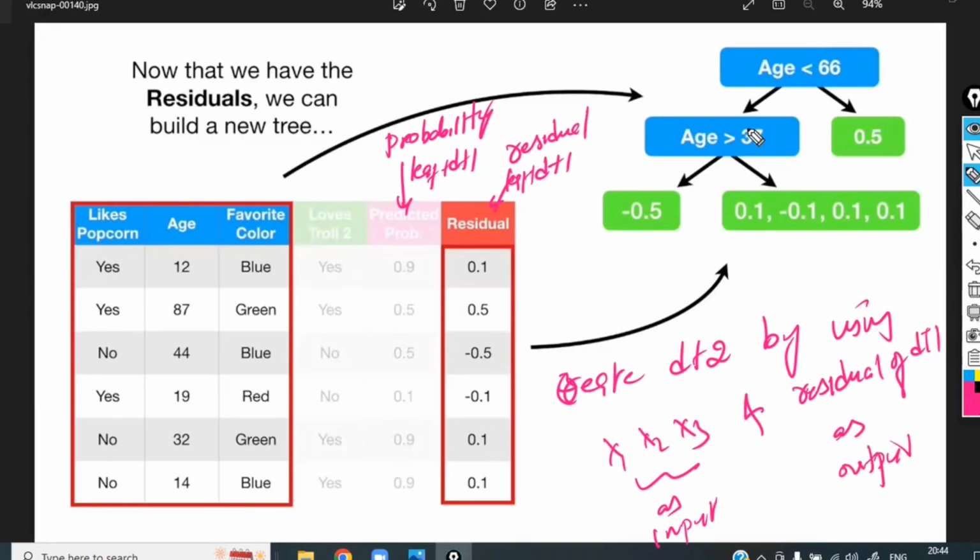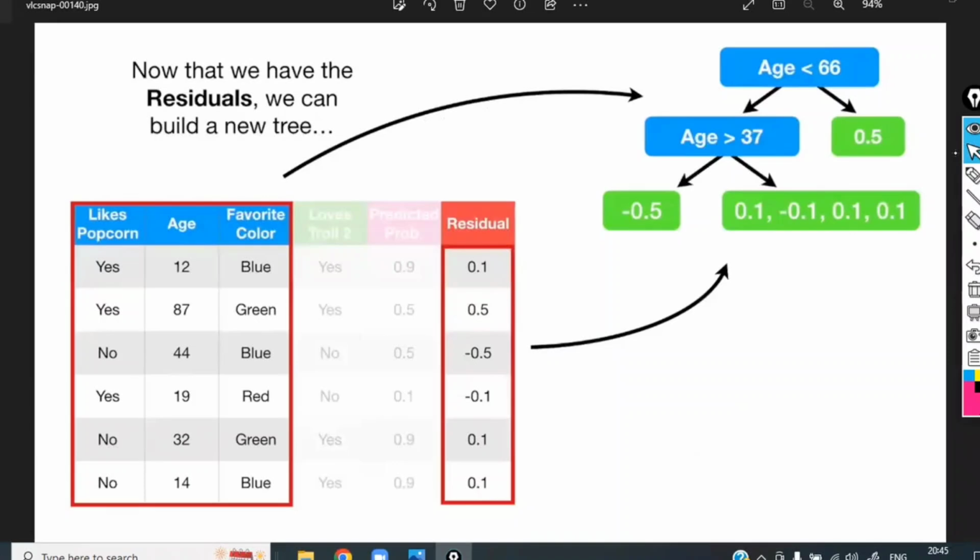Indirectly you are focusing on the residuals. You are trying to reduce the residuals to 0, which means you are trying to reduce the error to 0. Instead of directly working on the answer, you are working with respect to error being 0. Error is 0 means automatically accuracy is high. One way is increasing the accuracy, one way is reducing the error. Both are the same at the end.